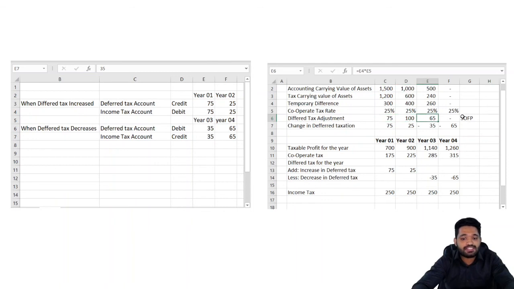If this account has a debit balance, then that means you are looking at an asset, then it will be shown under non-current assets. Your income tax, this amount of 250, is going to be shown in the statement of profit or loss. So that's going to be your adjustments. Your total income tax will be shown in your statement of profit or loss.